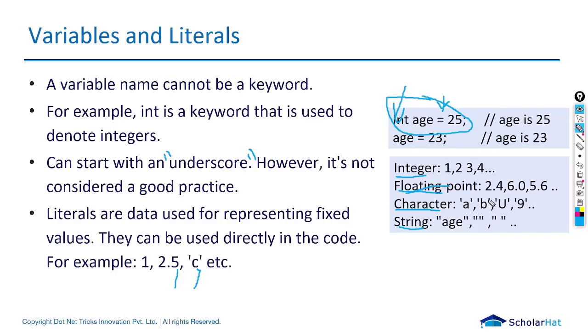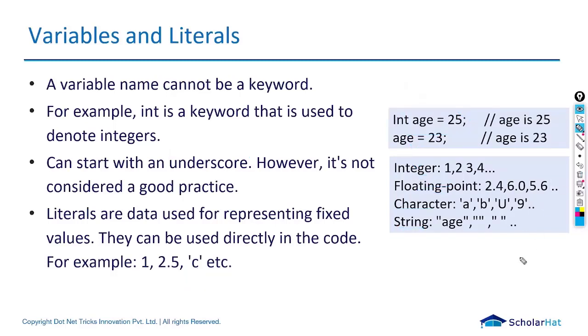Double is another data type that is the bigger part of floating point. Here we are taking 2.4, but if the number is very big, we basically use double because it can store more bytes of data. We'll see how many bytes integer takes, how many bytes floating point takes. We'll see all those things.